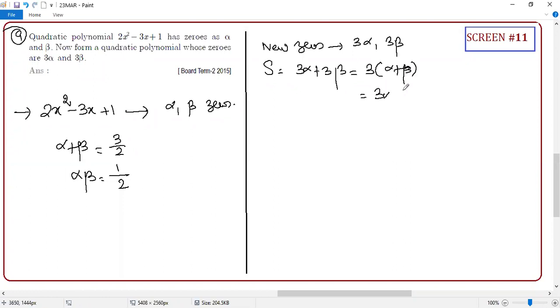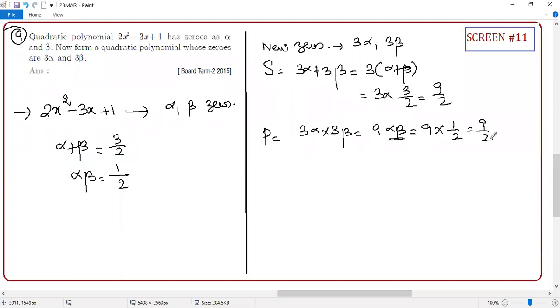So 3 into 3 by 2, which is 9 by 2. What is the product? 3 alpha into 3 beta is 9 alpha beta. It's equal to 9 into 1 by 2, which is 9 by 2. Oh God, both are equal. Correct or not? Yes, sir.